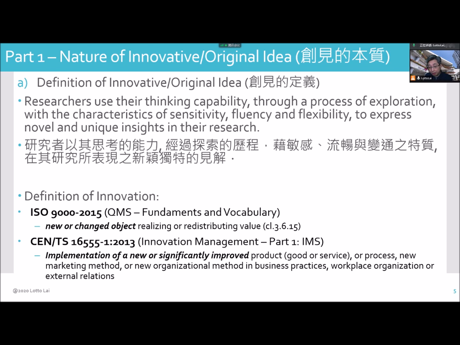When we talk about innovation, it is a packageable and employable new thing that realizes value, in every business activity, product, service, process, etc.